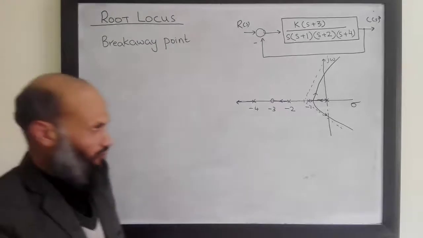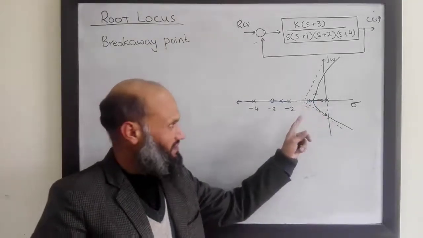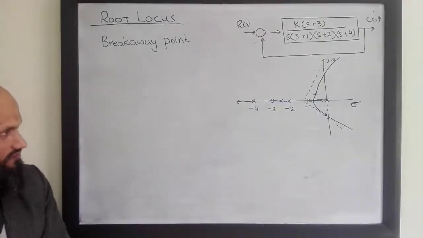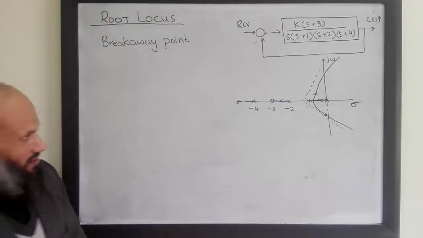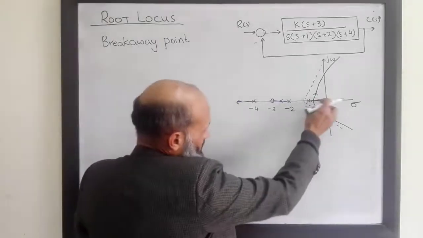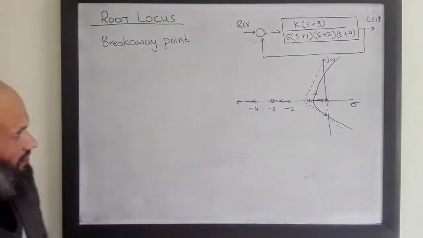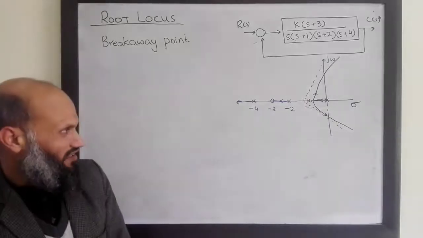The breakaway point is the point on the real axis at which the root locus leaves the real axis. So how to determine this point? We can see that on the real axis, this is the point at which gain is maximum.